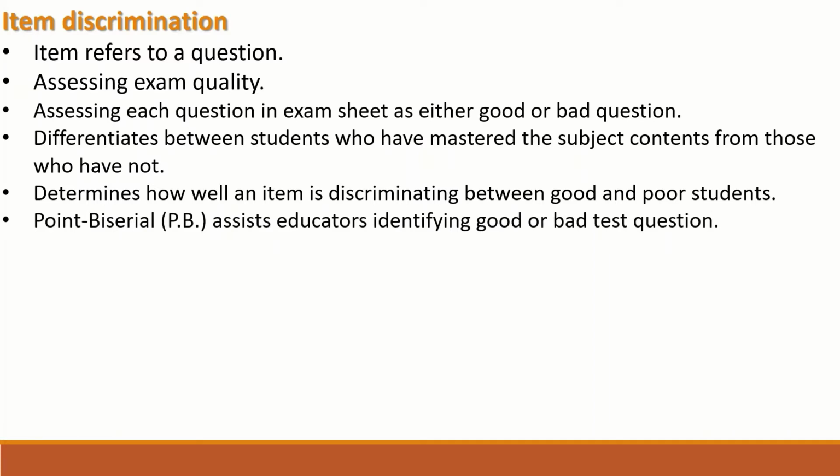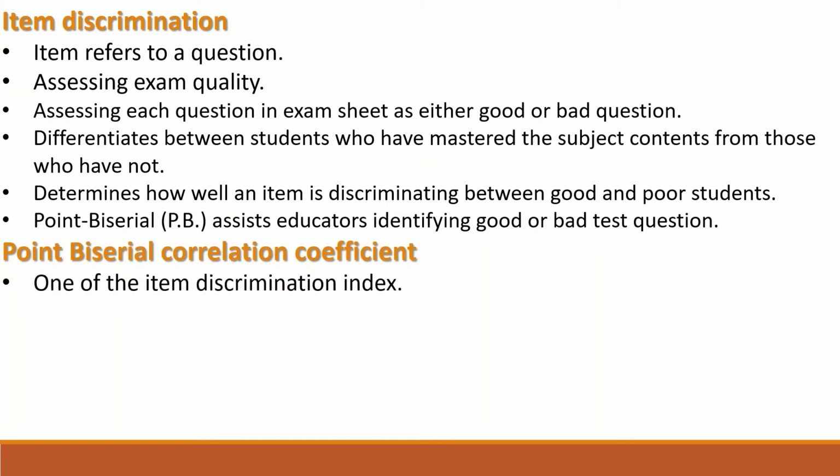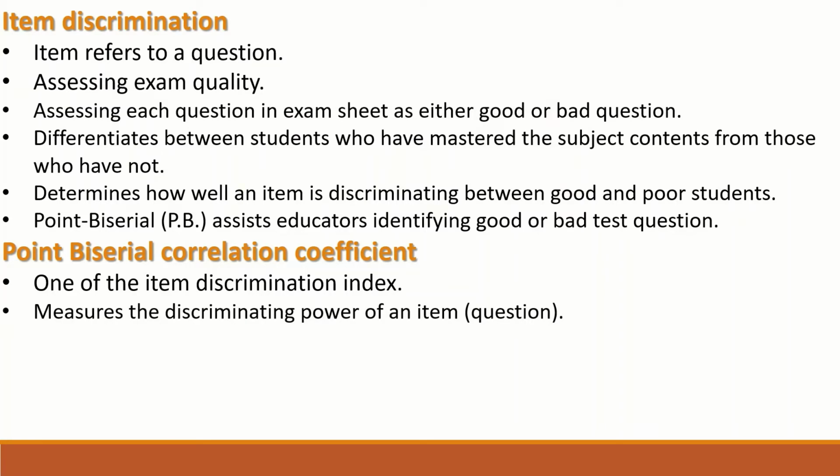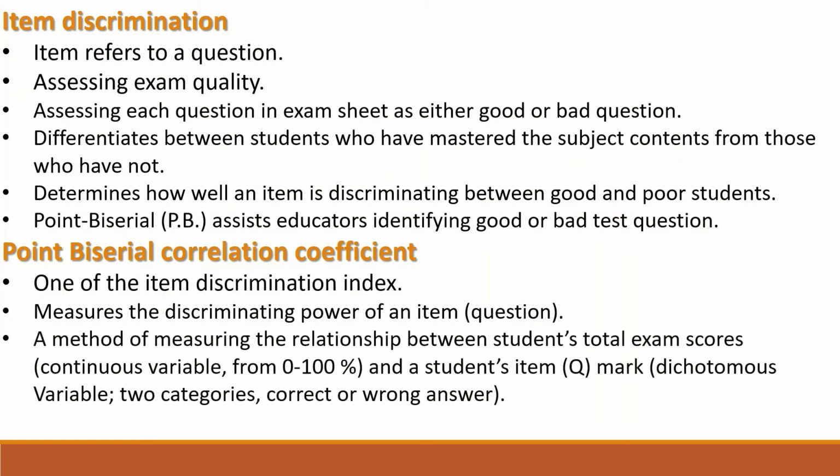The point-biserial correlation coefficient assists educators to identify good or bad test questions. The coefficient is one of the item discrimination indexes. It measures the discriminating power of an item or a question.